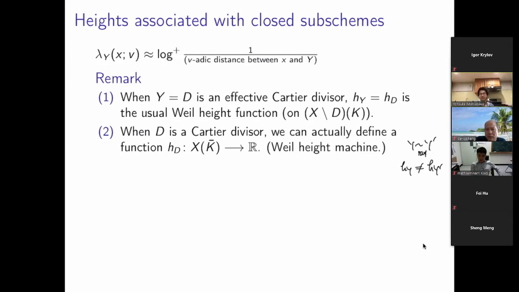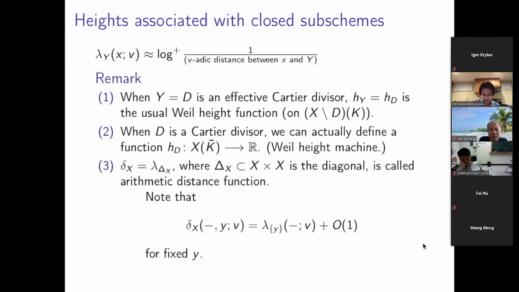So this is a problem. I will explain this later, but the height function associated with a subscheme is really arithmetic stuff. Anyway, for Cartier divisors we can extend to the whole space, but for subvarieties we cannot do this.